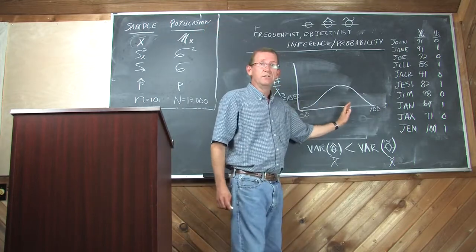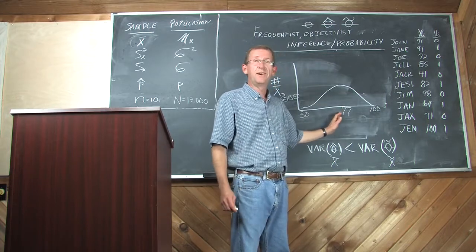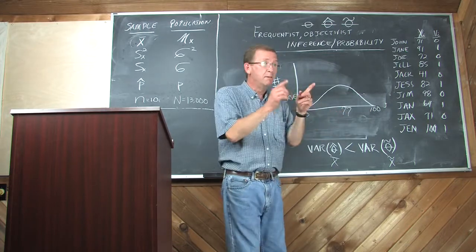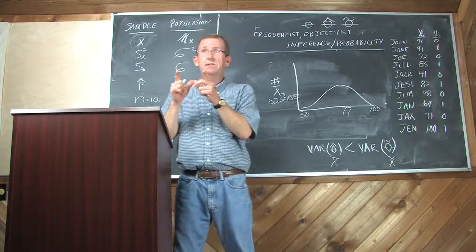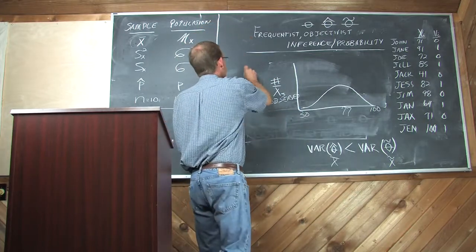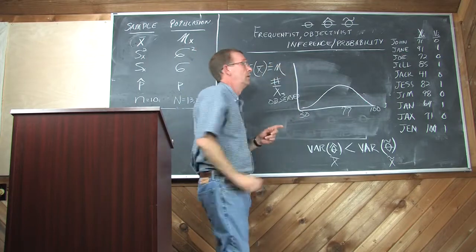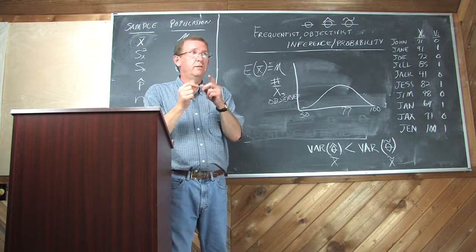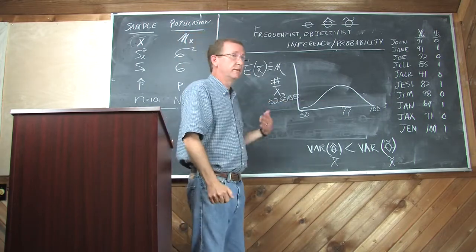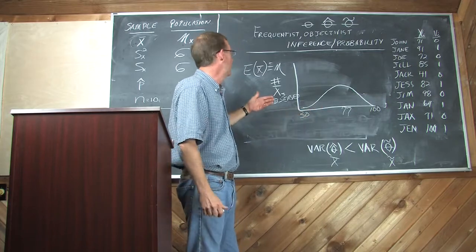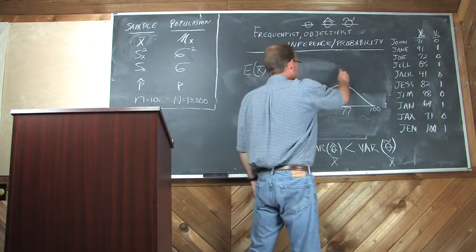The expected value, you could see where the average is here. It might be a little off in my drawing. But remember that the expected value is simply the mean, and the expected value of x bar is supposed to give you, if it's a definition of unbiasedness, the average in the population, and it would, right?